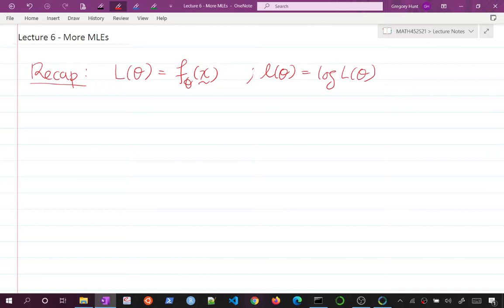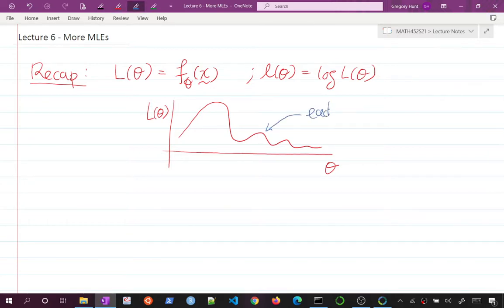And the idea behind MLEs is that if I look at L of theta as a function of theta, this is going to have some graph we could draw. Each point here describes, what we're thinking of is that the data, the x's, are fixed for a fixed set of observed data points.